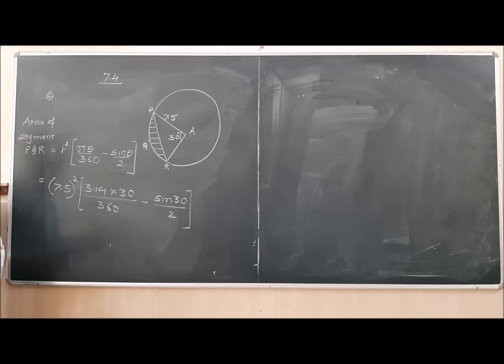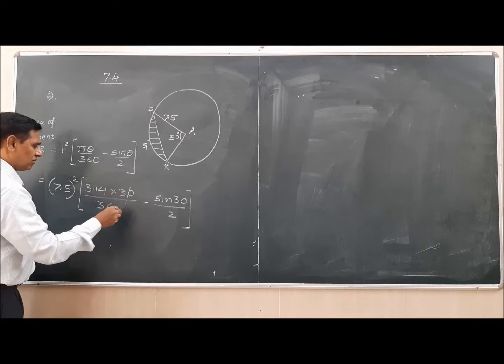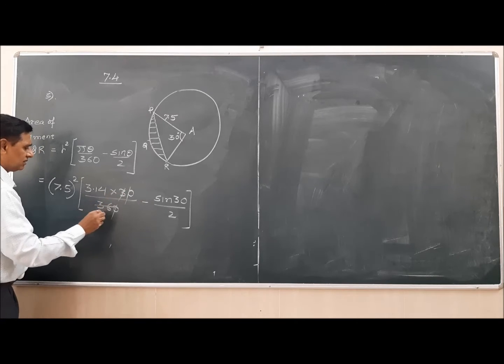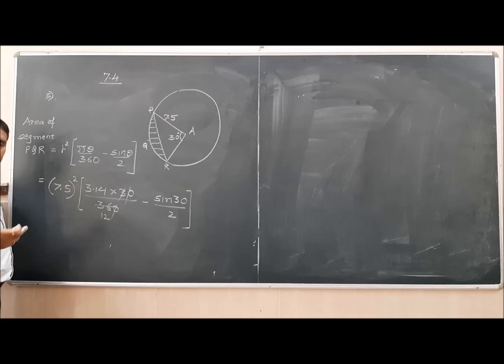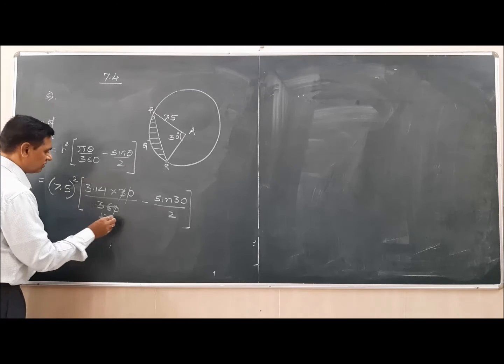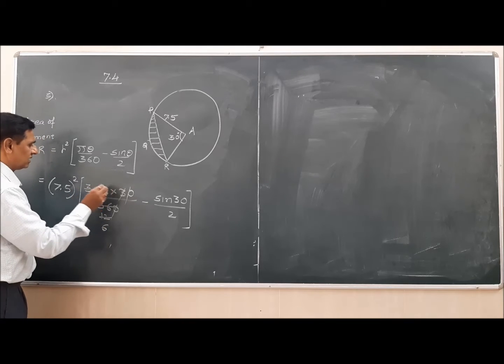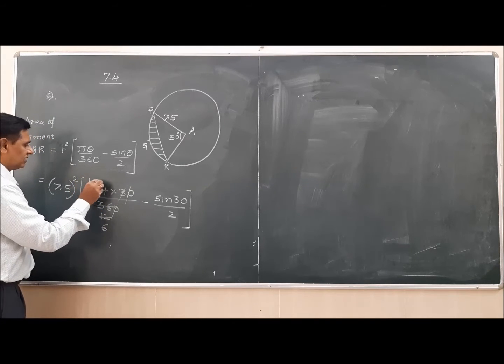Now after substituting all these values, very important thing, you must know the value of sin 30, which is 1 upon 2. So 0 and 0 will get cancelled, 3 ones are 3, 3 twos are 6. Both these numbers 3.14 and 12 are even numbers, so they are divisible by 2. So 2 sixes are 12, and here I will get 1.57.